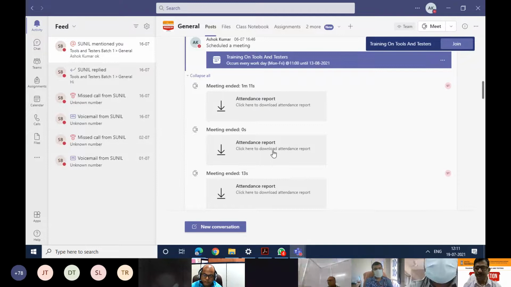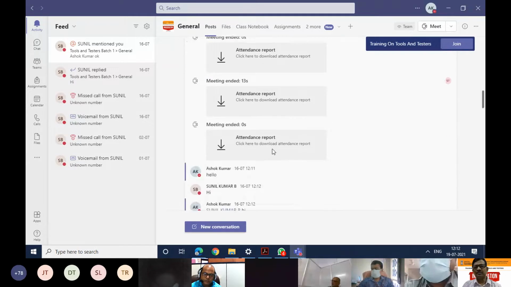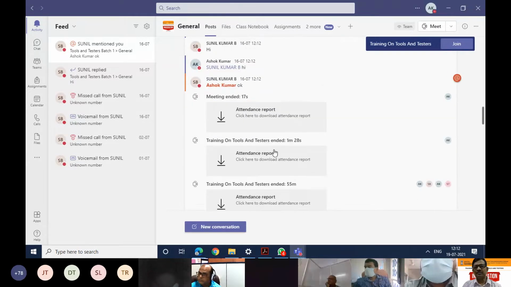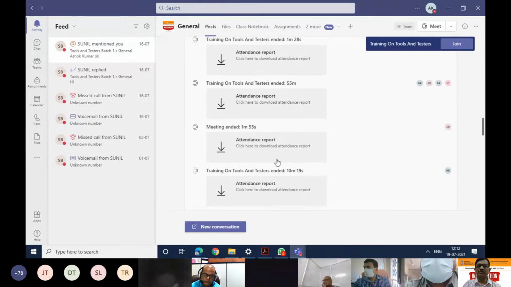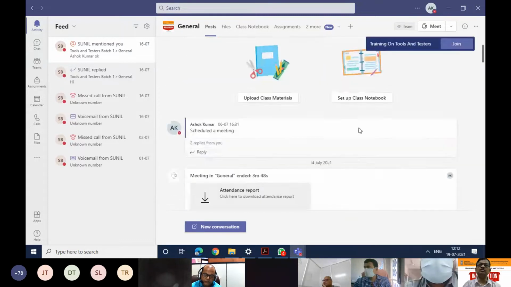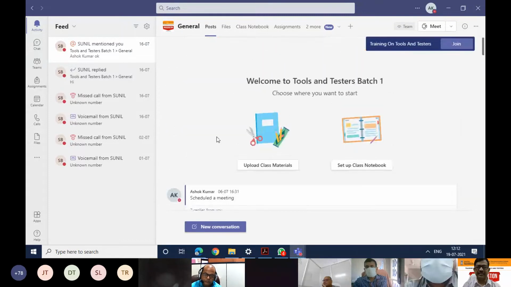But in case you have missed any session, the recording of the session will be made available on the Teams platform itself. So you can log in and look at those recordings. To see the recording, under the post every day, the recording would be available. We will also try to upload that recording onto the file section for easy access.